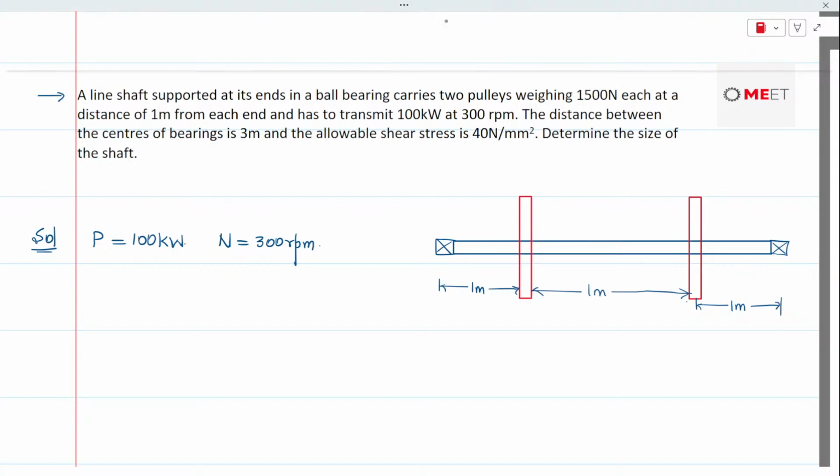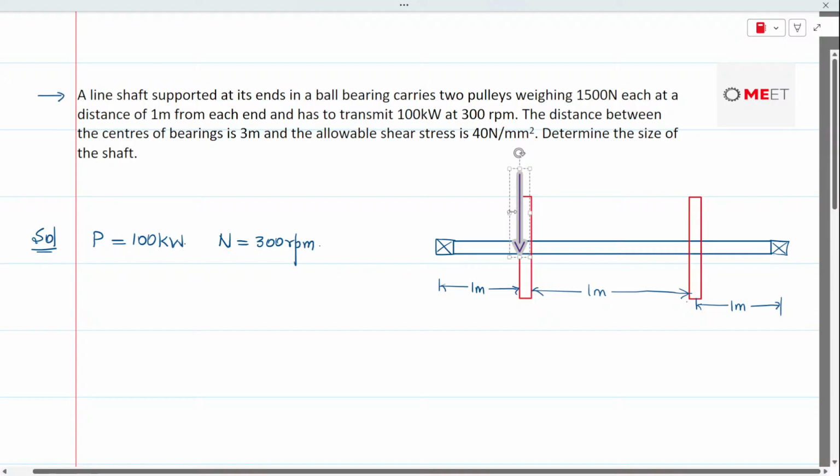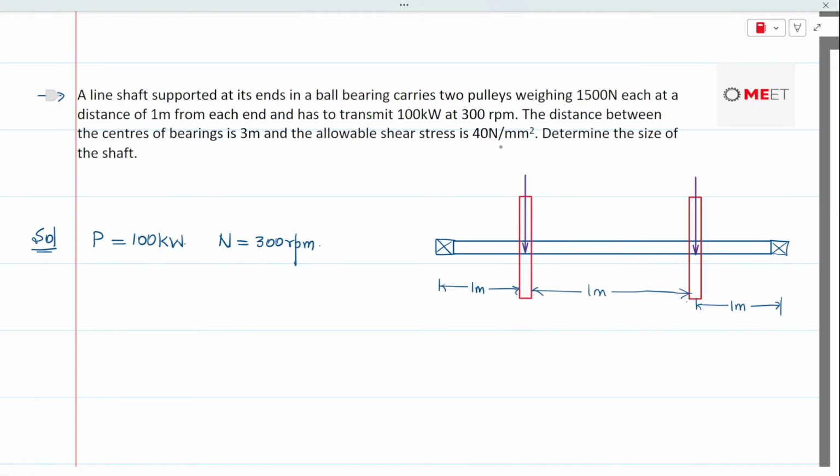The weights of the pulleys act vertically down, so the weights will be producing bending in the XY plane. This would be another point load of 1500 newtons.